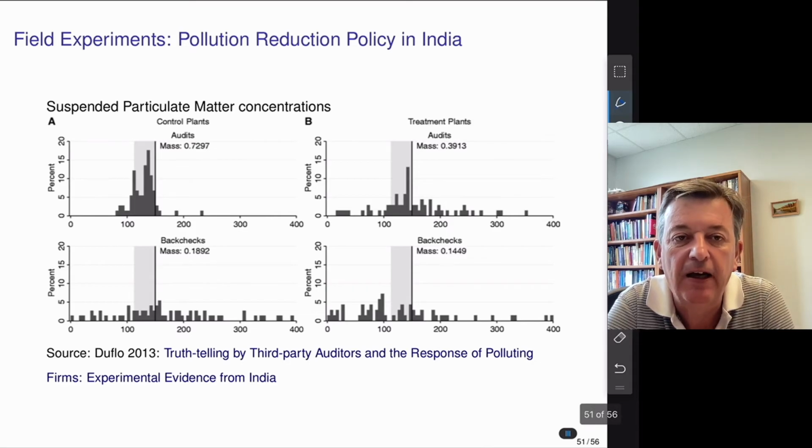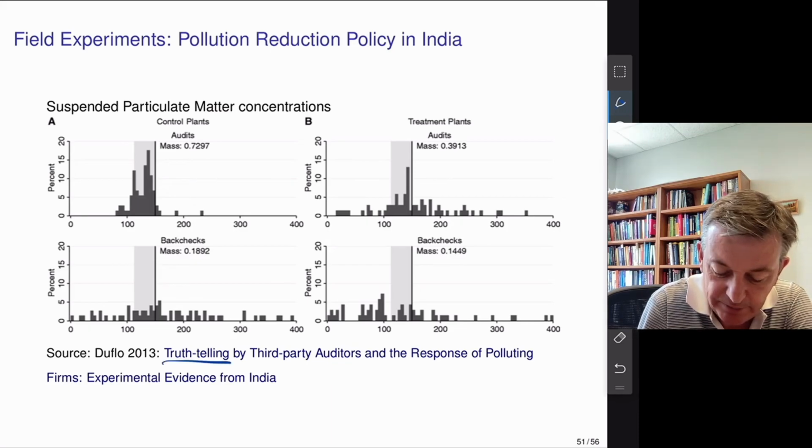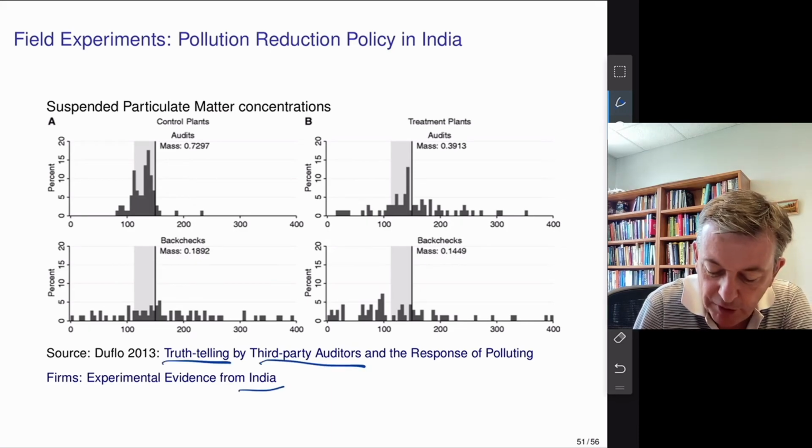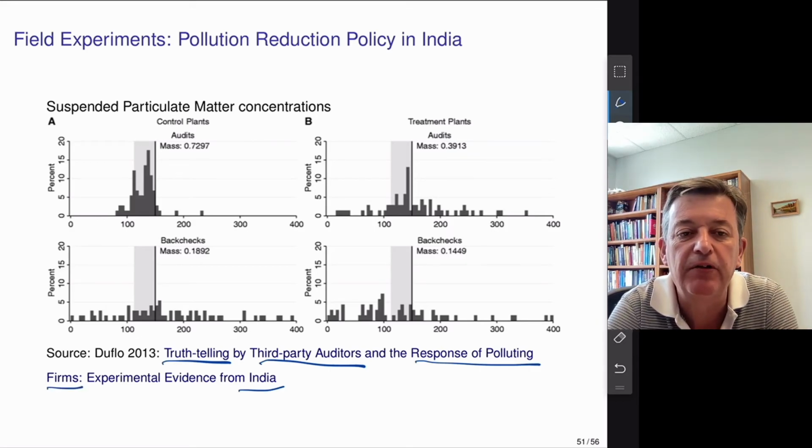So let me look at the Nobel Prize winning data set. Let's look at the Duflo, Banerjee, and Kremer paper. They were looking at truth telling in India from third-party auditors in response to pollution controls that the Indian government put into effect.